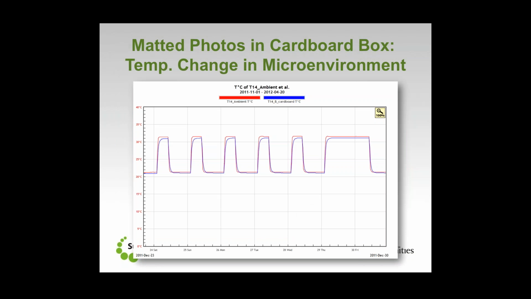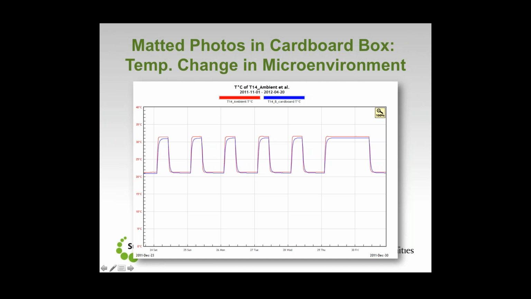So if we took a stack of matted photographs inside of a cardboard box, when we changed the temperature in the macro environment, here, this is the ambient condition on the red plot, here's our normal temperature change. Well, what did it feel inside the box? What was the impact of that box on the rate of temperature equilibration? The answer, not a whole lot.